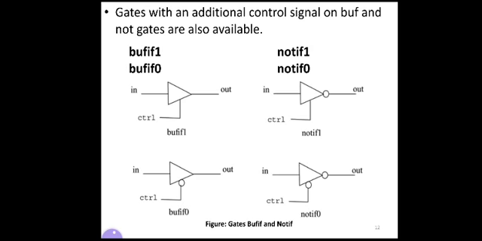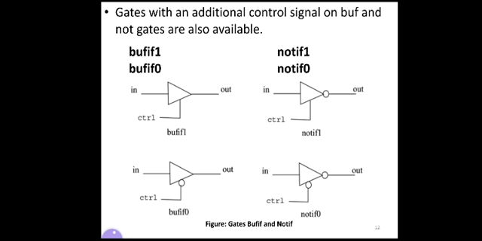Now we have a gate with an additional control signal, the buffer and NOT gates in Verilog HDL. See the symbols for the buffer and inverter. Observe the symbol here. It has one more input, that is control, CTRL, which is nothing but a control input.